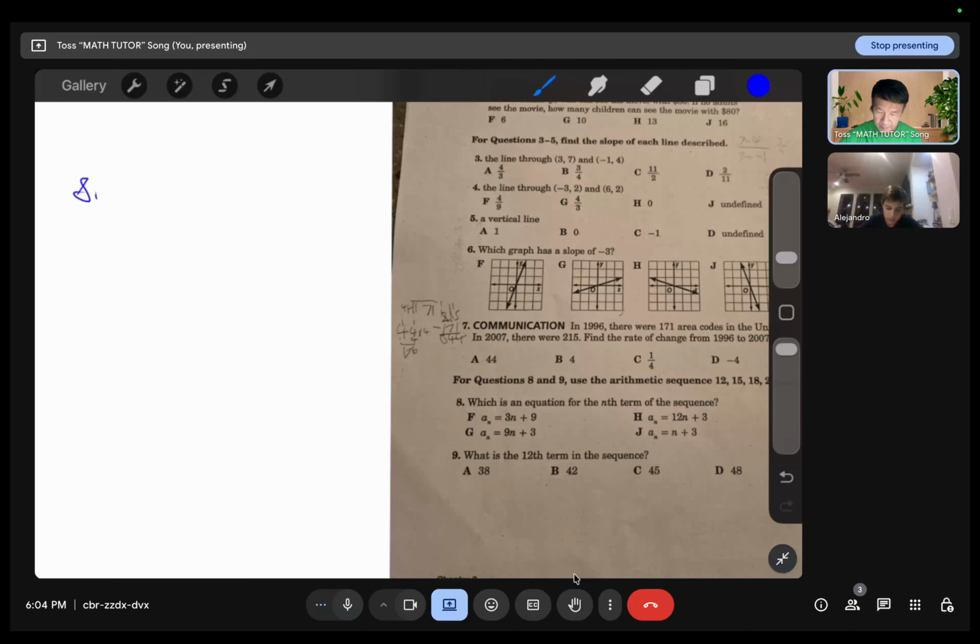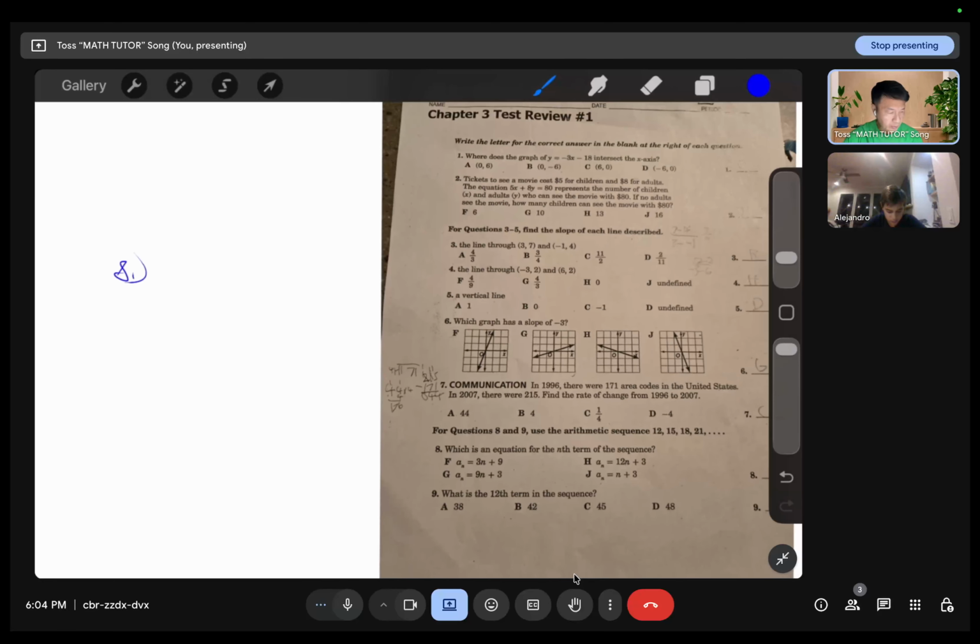Okay, number 8. Which is an equation for the nth term of the sequence? So I'll let you think about it first. What do you think? How would you go about it? I would try to solve it with the original arithmetic sequence.